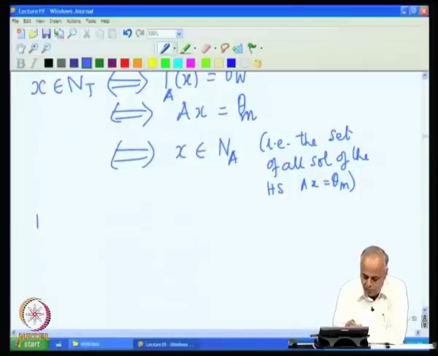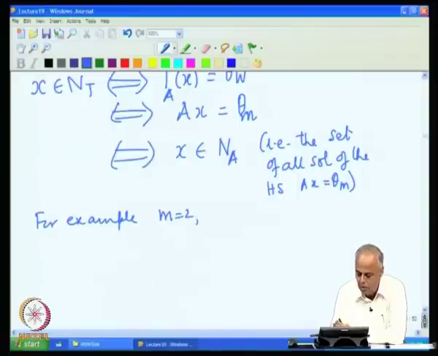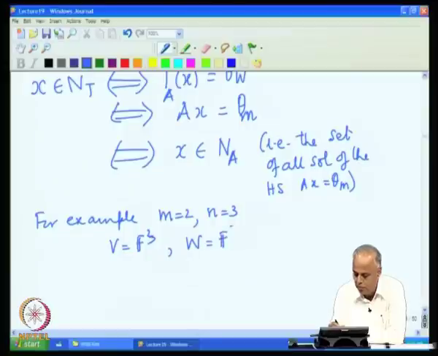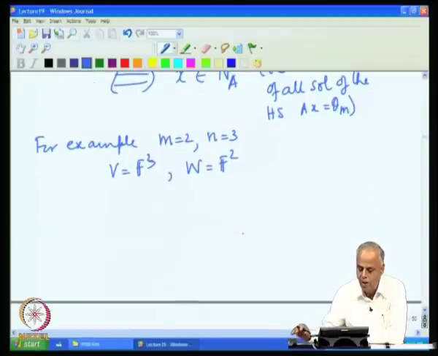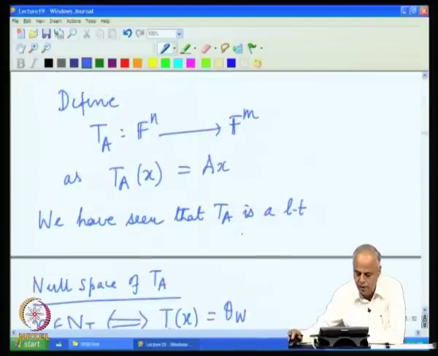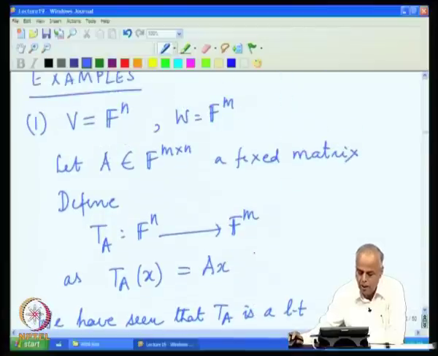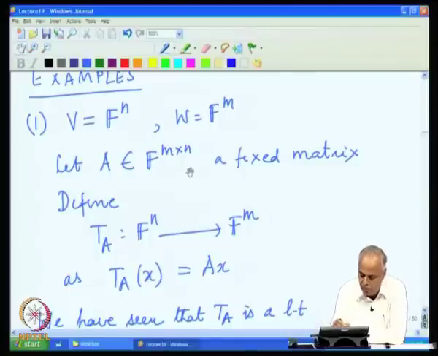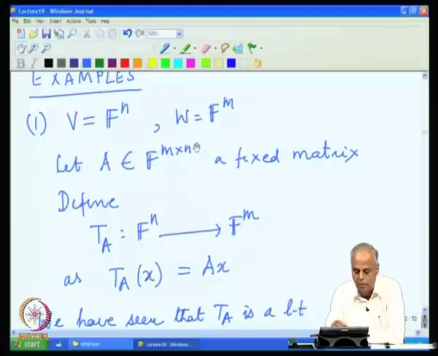For example, if we take m equal to 2, n equal to 3 and consider F^3 to be our V and F^2 to be our W, we have to look for a matrix in F^(m by n). Remember, when you go from n components to m components, we need a matrix which is m by n.